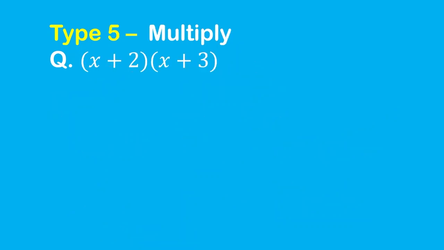The final type of question is pretty straightforward. Just multiply these two expressions and get the answer. Now, as long as they have not specified how you're supposed to do it, you can multiply it using distributive property or using the identity x plus a into x plus b, which is x square plus a plus b x plus ab.